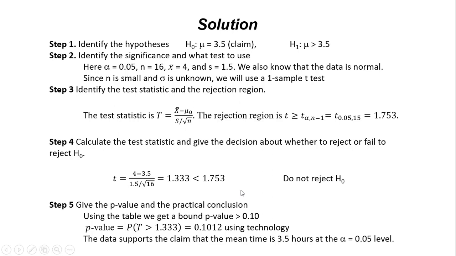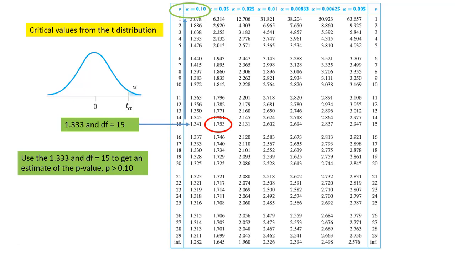So if we're limited to just the t distribution table, then we try to obtain a bound. The way we obtain the bound is we make a note that our test statistic was 1.333. So we go back to the chart. Degrees of freedom here is 15. So we're looking at this row. 1.333 would be sort of to the left of this 1.341 value.